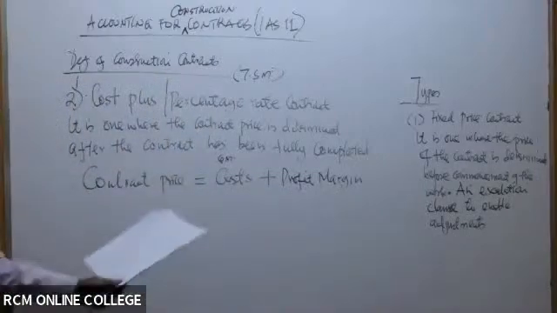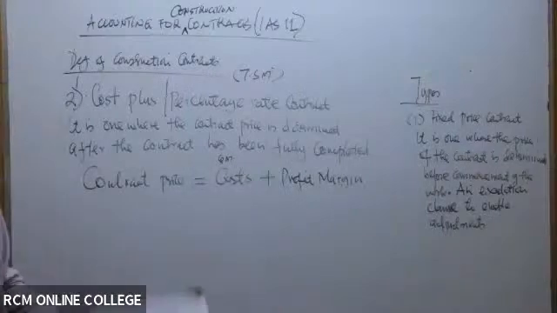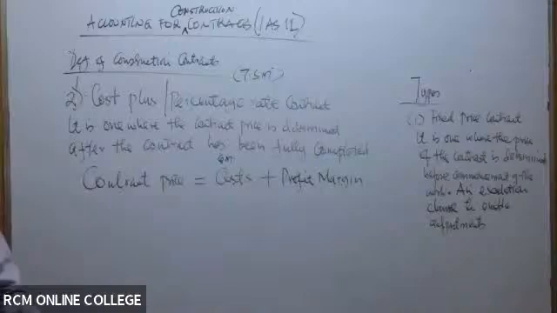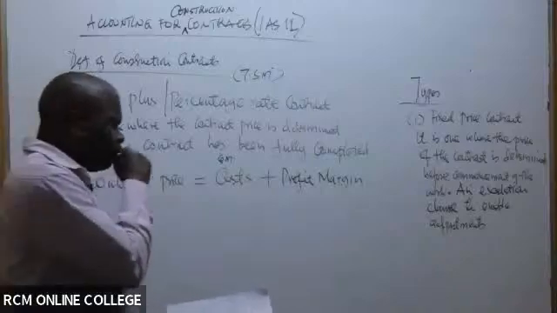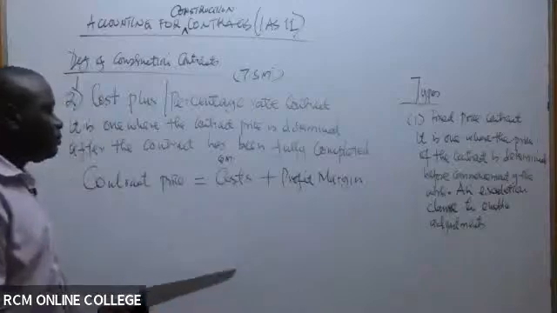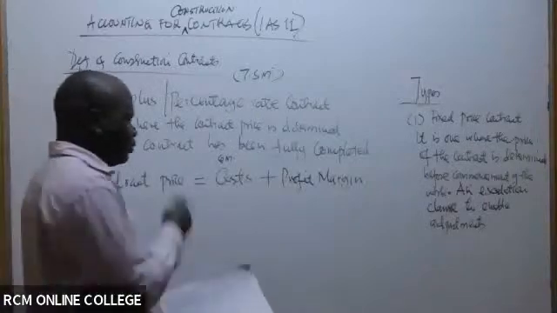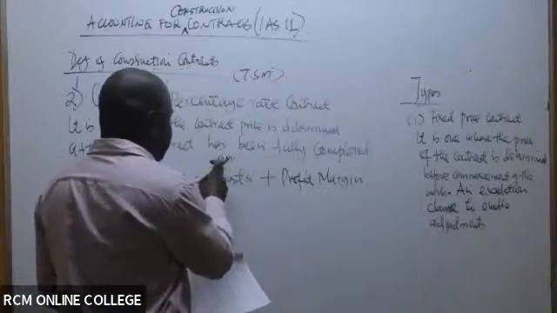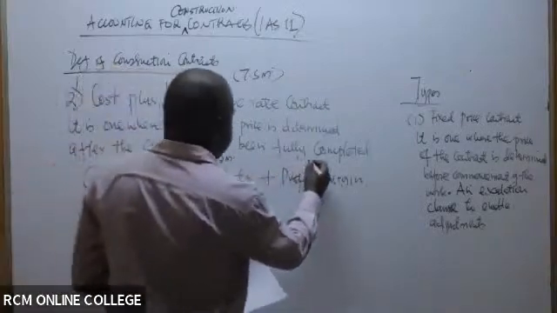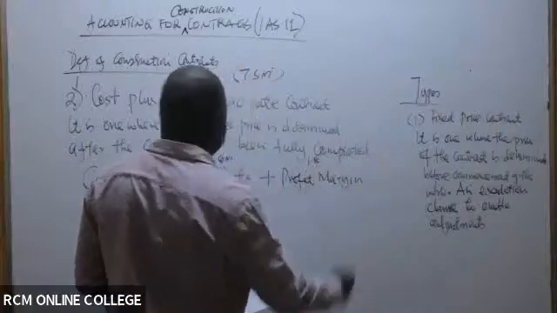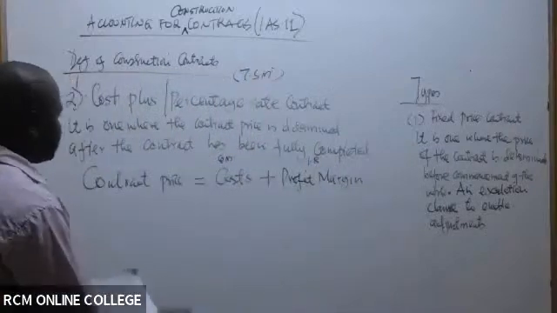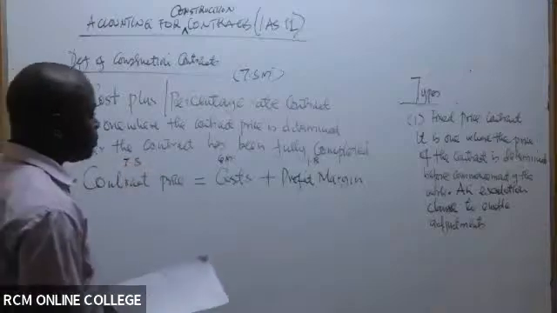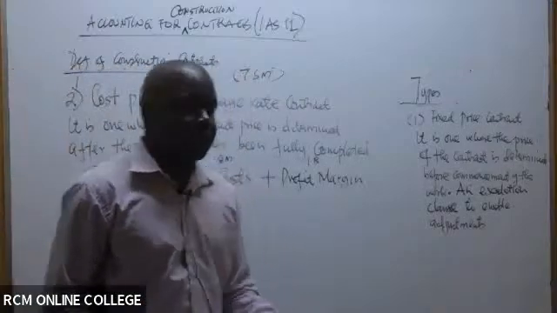You determine all the costs you incurred as a contractor, then unaeka margin yako. I don't know how much you'll put as a margin. Maybe you can say 30%. So 30% of this ends up being 1.8 million. So in total, the contract price will be 7.8 million.